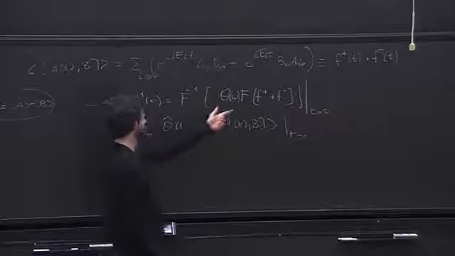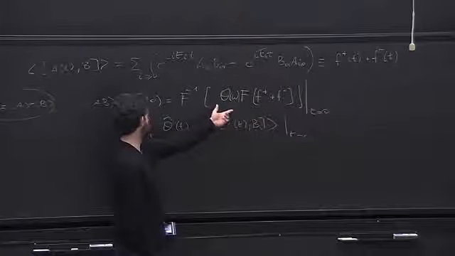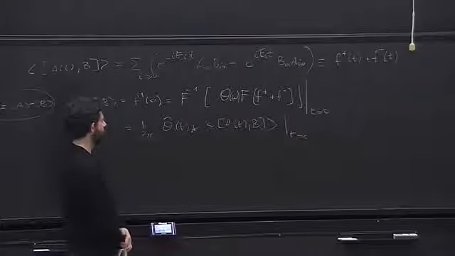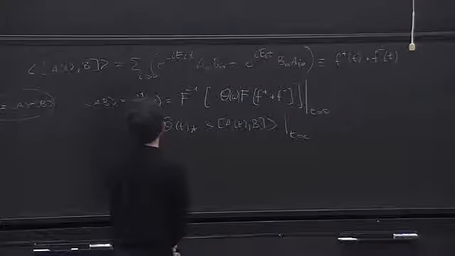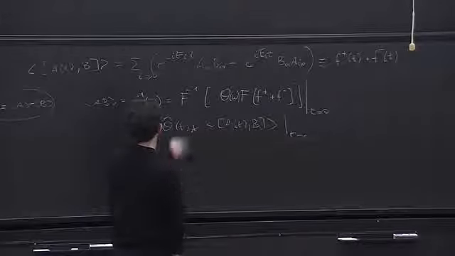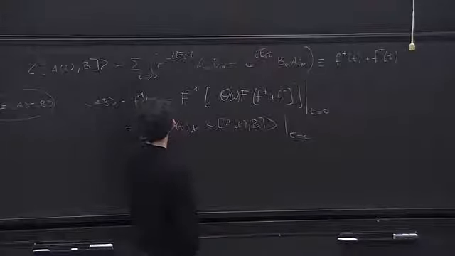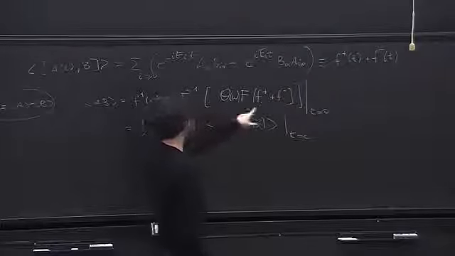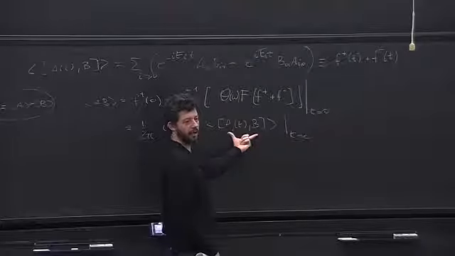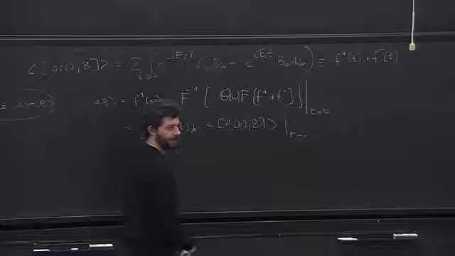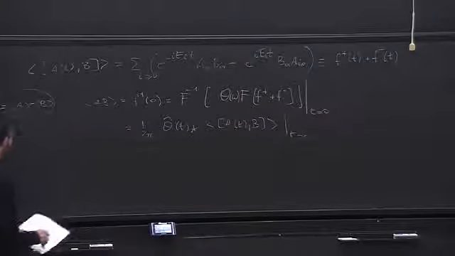So I'm doing the convolution of the Fourier transforms. I Fourier transform this one, go to the time domain, and then convolute with the Fourier transform of this one. But this is already the anti-Fourier transform, so I go back to this one.